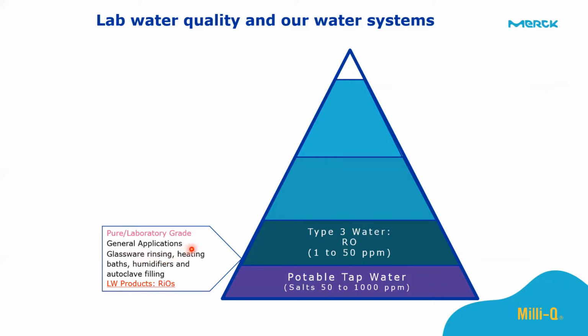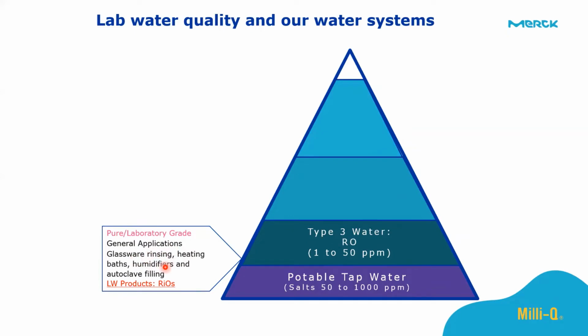We are also looking at heating water baths, autoclaves, and rotary evaporators. Type 3 water is ideal to fill those equipment. Here, what we are avoiding is salt deposits that will corrode and affect the performance of the water baths, the autoclave, and so on.